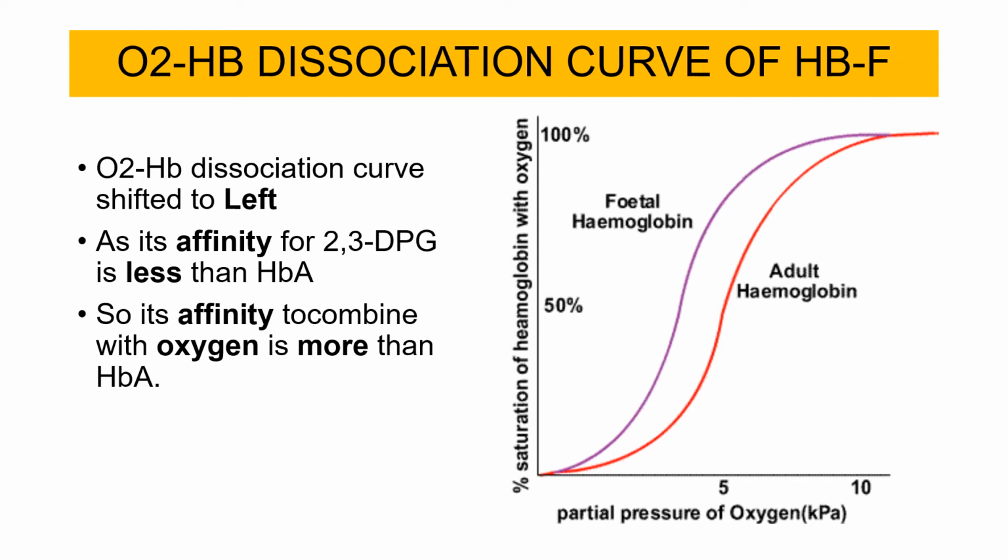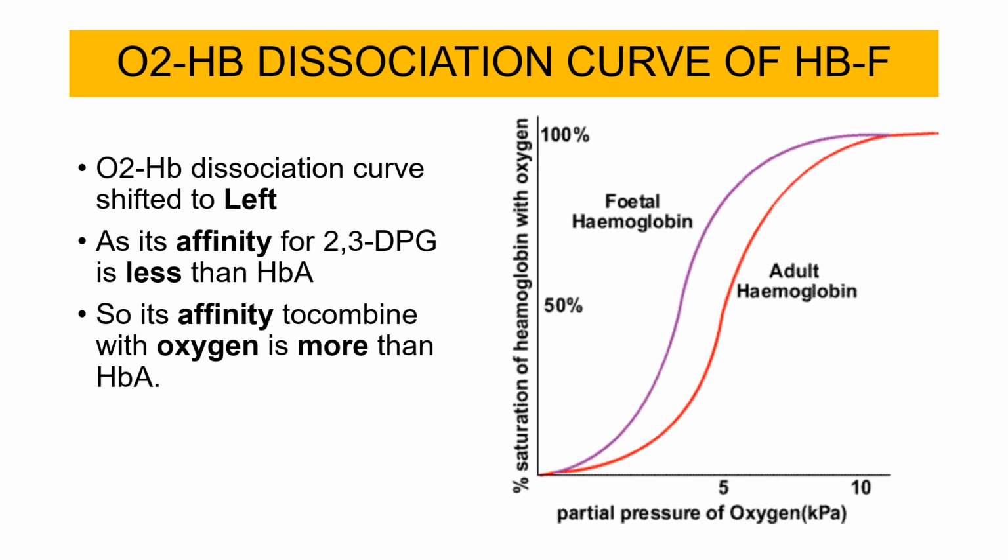This will happen only when the hemoglobin has higher affinity, then only it will be able to take up the oxygen. So fetal hemoglobin has a higher affinity for oxygen and this helps to take up oxygen even at lower partial pressures.